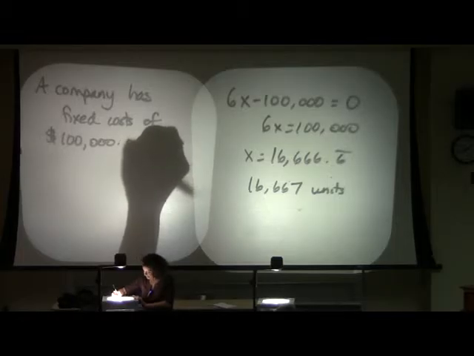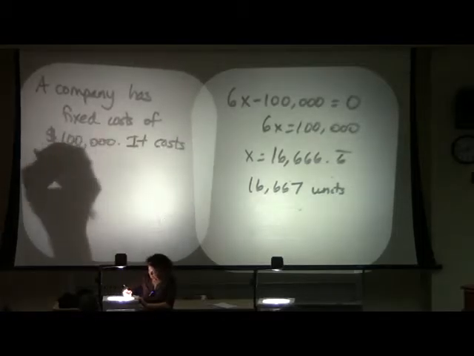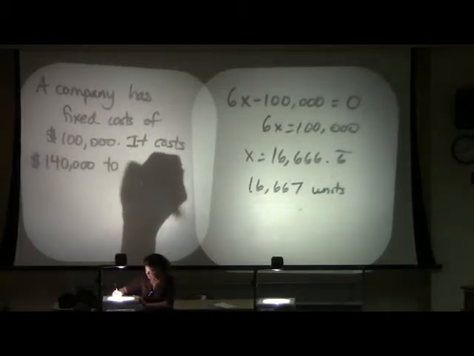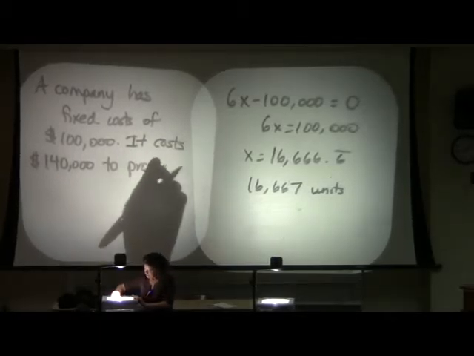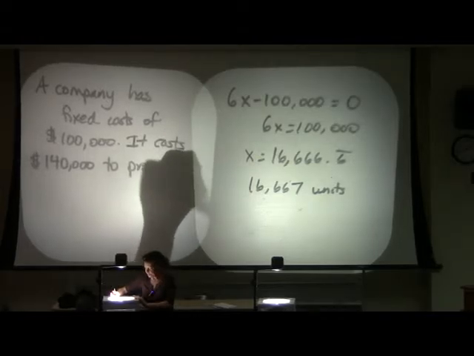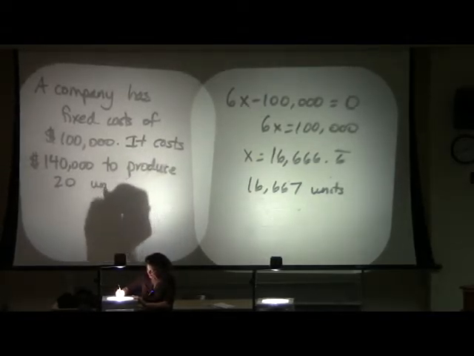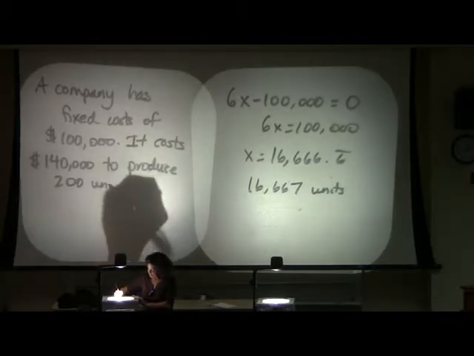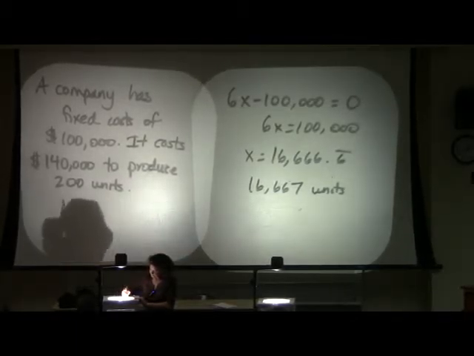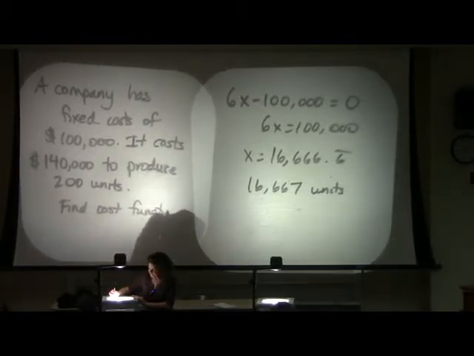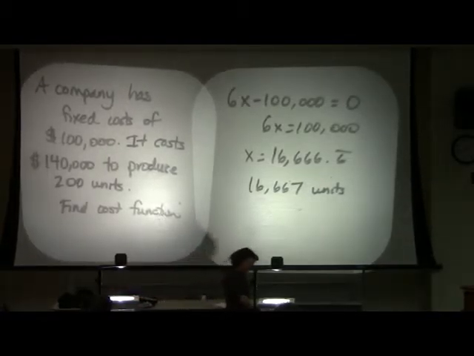Further, suppose that it costs $140,000 to produce, let's do 200 units. Let's find the equation for our cost function.